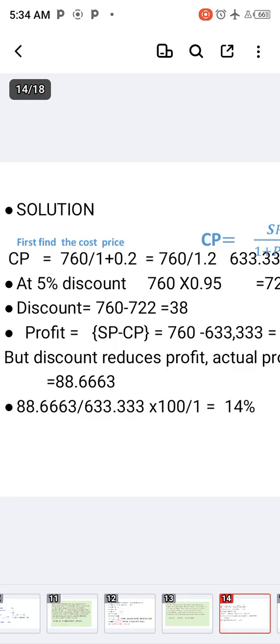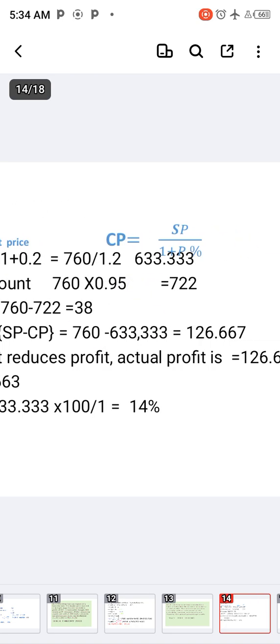That is the same thing as 760 over 1.2, which gives us 633.33. So the cost price of that article is 633.33.